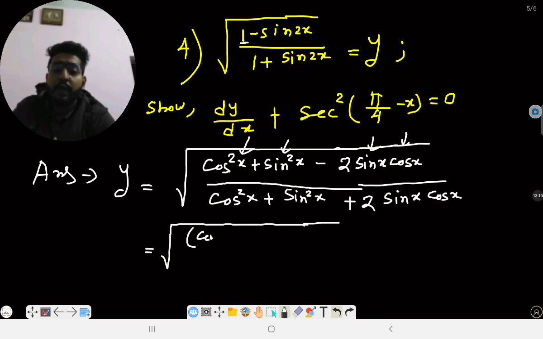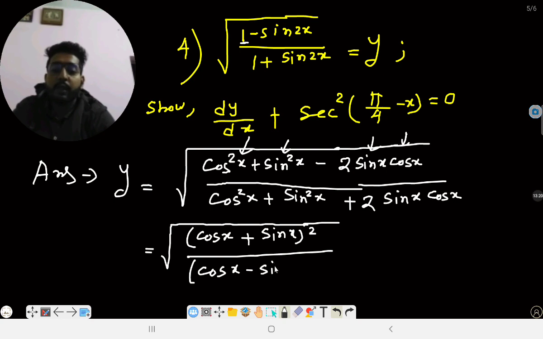So here we can write like this, cos x plus sine x, this whole square, and here also cos x minus sine x, that whole square. Since it is whole square and this is square root, we can write like this, cos x plus sine x, and here it will be cos x minus sine x.